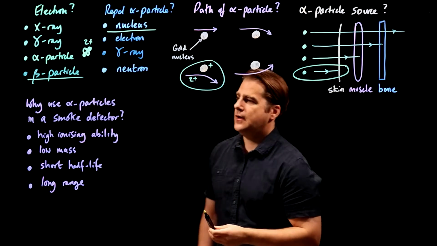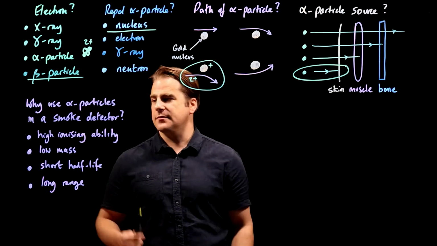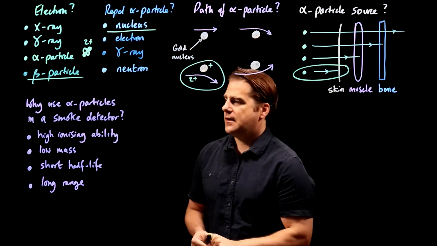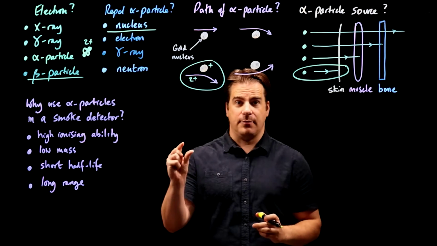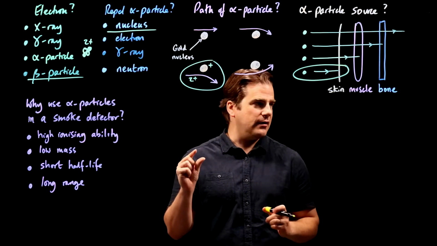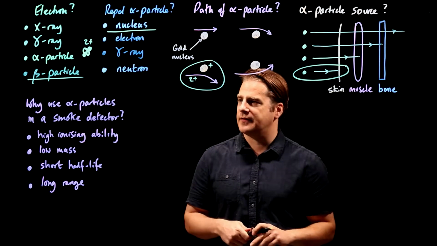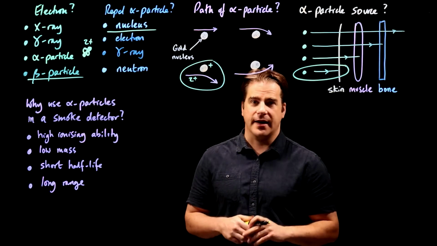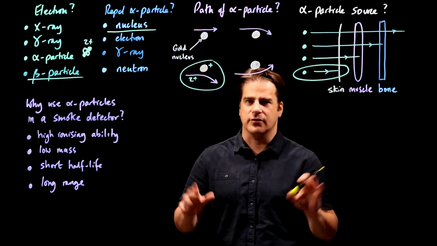All right. Final question. Why use alpha particles in a smoke detector? Right. Well, how do smoke detectors work? They have a little alpha particle source. I'm not exactly sure what they use. I think it's American, and again, I'm not sure if that's how you pronounce it, but it's American something. Doesn't matter.